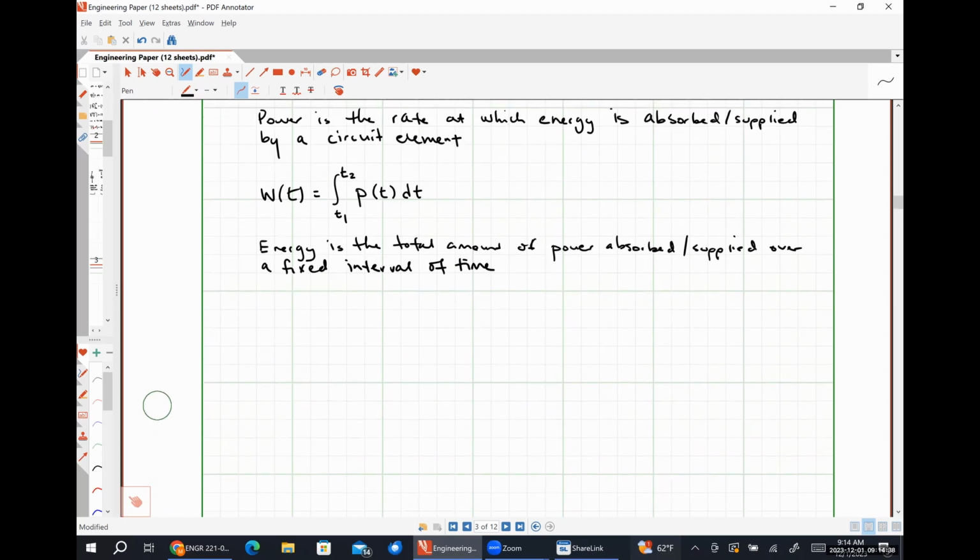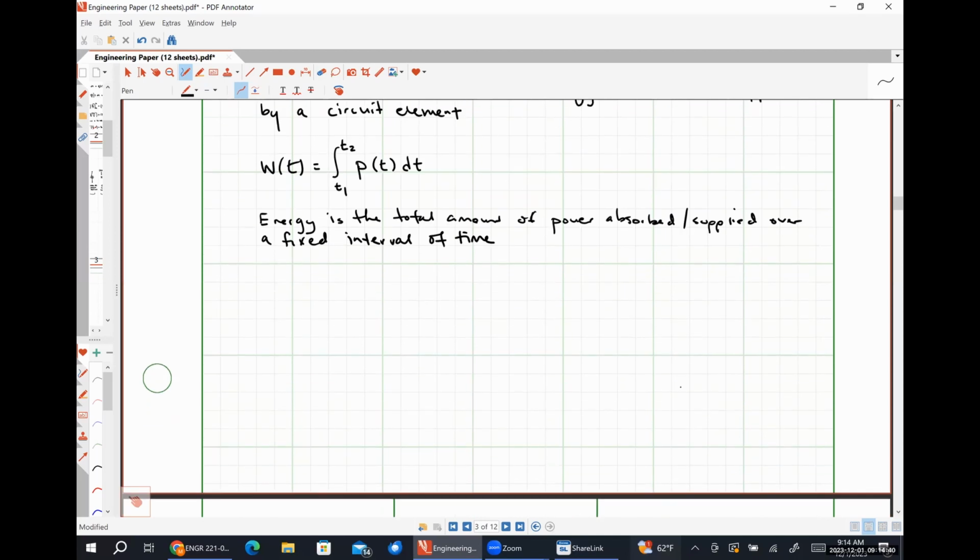So let's say that I have a generic circuit element, A, that is part of some larger circuit. That's what those ellipses do there.